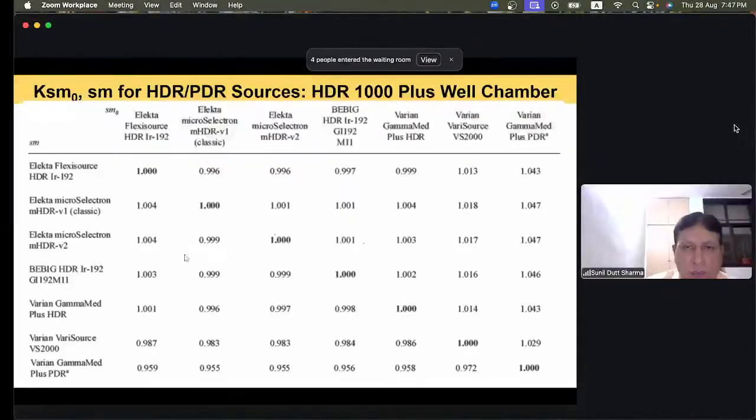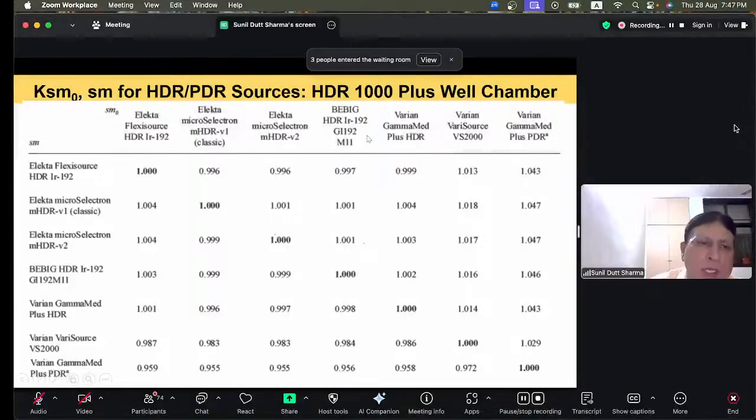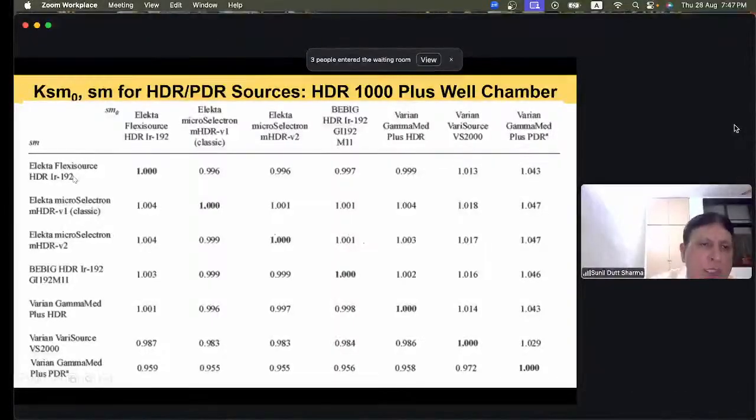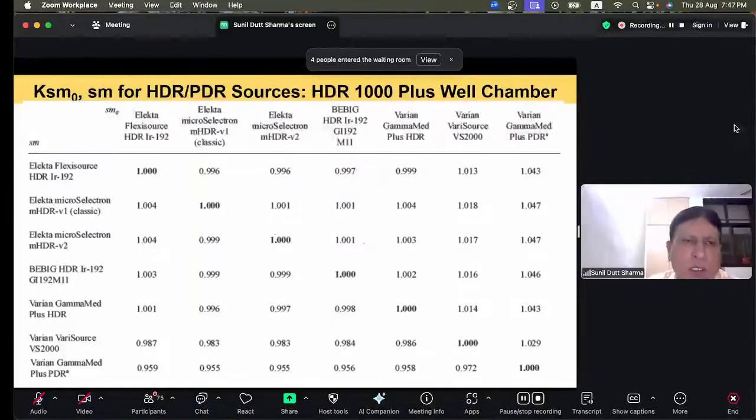Now, this is the table given by IAEA TRS 492 for sources. For example, SM0 means the source model available with the standard laboratory or the calibration laboratory, and the source model available with the user. Say, if I am dealing with the Elekta Flexisource iridium 192, and if the same source is available at the standard laboratory which has been used for calibrating our bell type chamber, then naturally the source model correction factor will be 1.